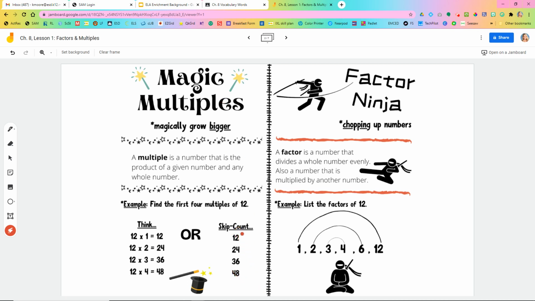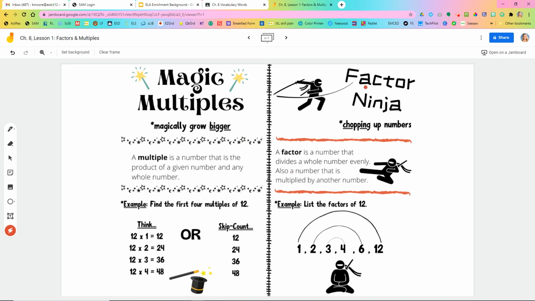So my magic multiples magically got bigger. If I'm finding the first 4 multiples of 12, they have got to be at least 12 or larger. All right? Multiples magically grow bigger. They are the same as or greater than the number that we are looking at.